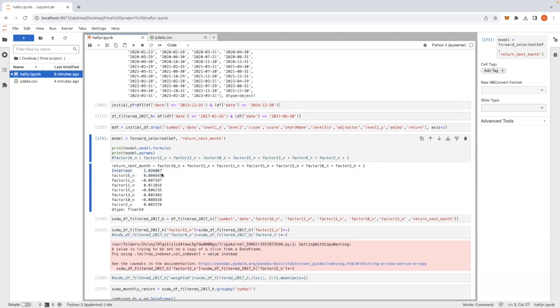We can see that from the 16 factors, it selects 1, 2, 3, 4, 5, 6, 7. Okay, it selects 7 factors. So those 7 factors have a significant impact on the result.